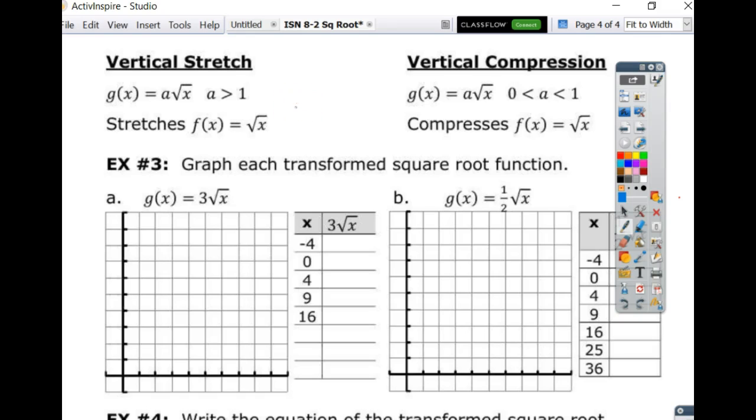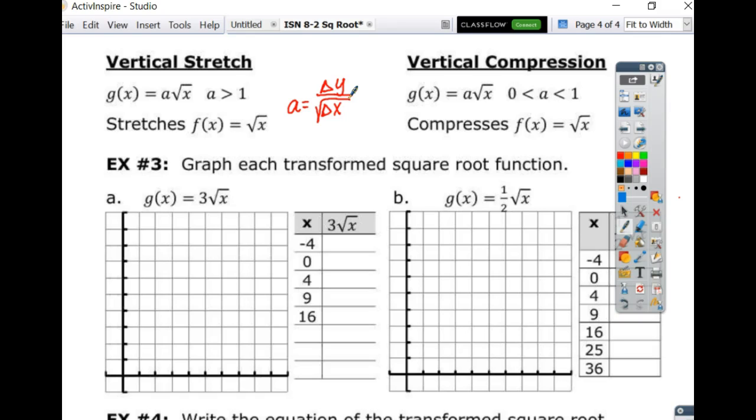The A is going to be the change in Y over the change of X, right? But what function am I doing? What's the parent function this time? It's the square root. So we have to take the square root on bottom.